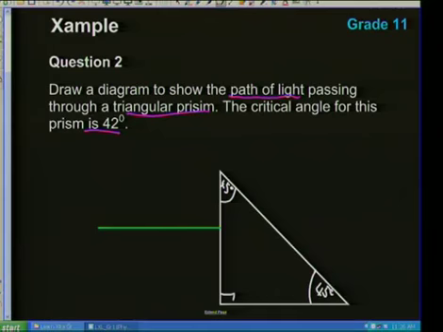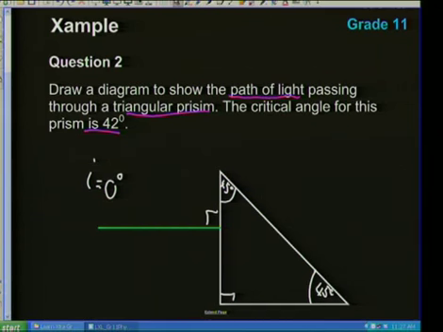Where the light is currently shown on the green arrow, you should recognize that that is making a 90-degree angle. So let's be very clear there. We're going to say that that angle there is 90 degrees. That tells us the angle of incidence is 0. So the angle of incidence is 0.